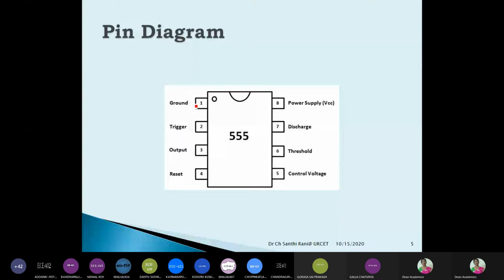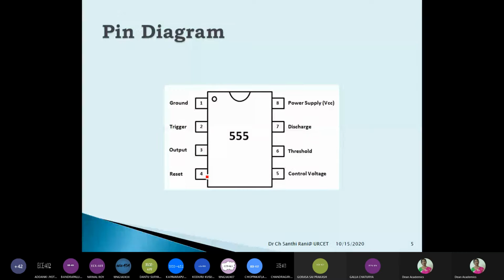Now, if you see this dot, it indicates pin number 1. So pin number 1 is ground. Pin number 2 is trigger input, that means we give externally. And pin number 3 is output. Output of this IC is taken from pin number 3.